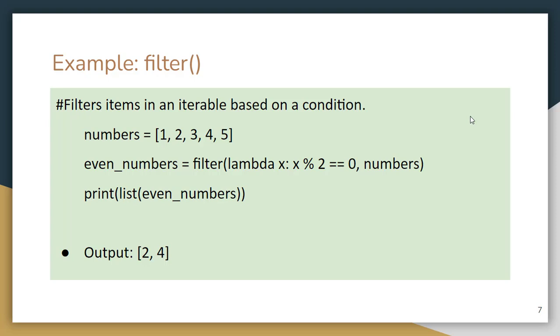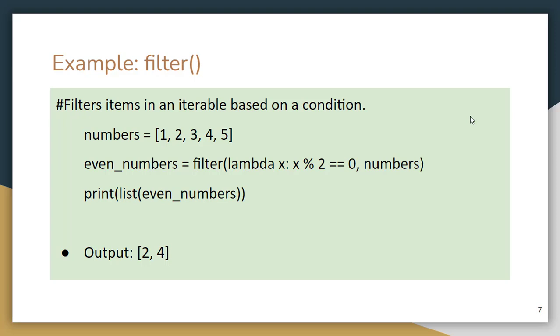We filter it and after filtering we store only the even numbers in even_numbers. filter takes a lambda: x colon x % 2 == 0. That is, we divide each element x of the list by 2; if the remainder is 0, it is an even number, and we return it, and the result is stored in even_numbers.